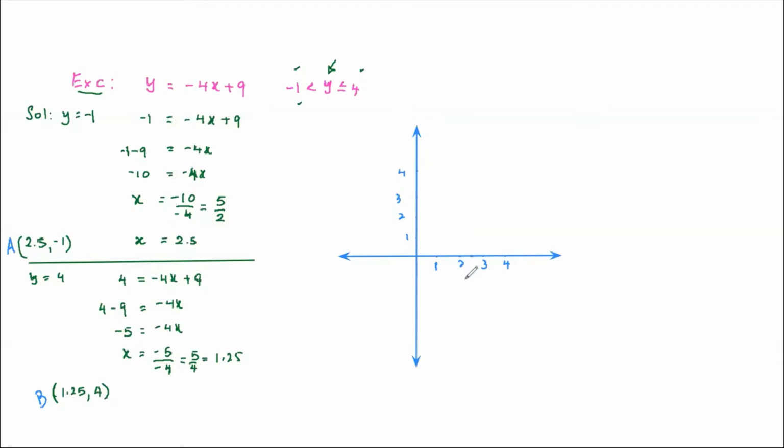And go down negative, like this one, -1, -2, -3. So 2.5 here, go down 1 here. So it's a point right here. This is point A, which is equal to 2.5 and -1.